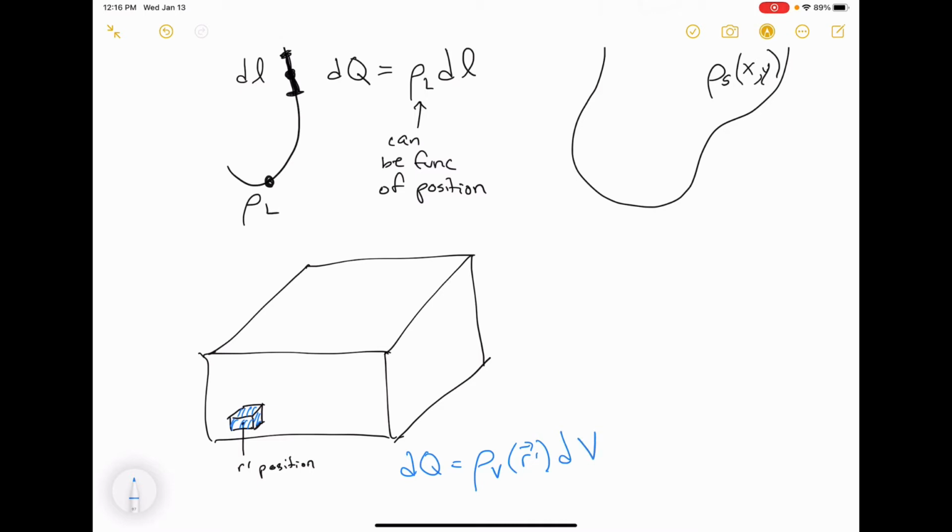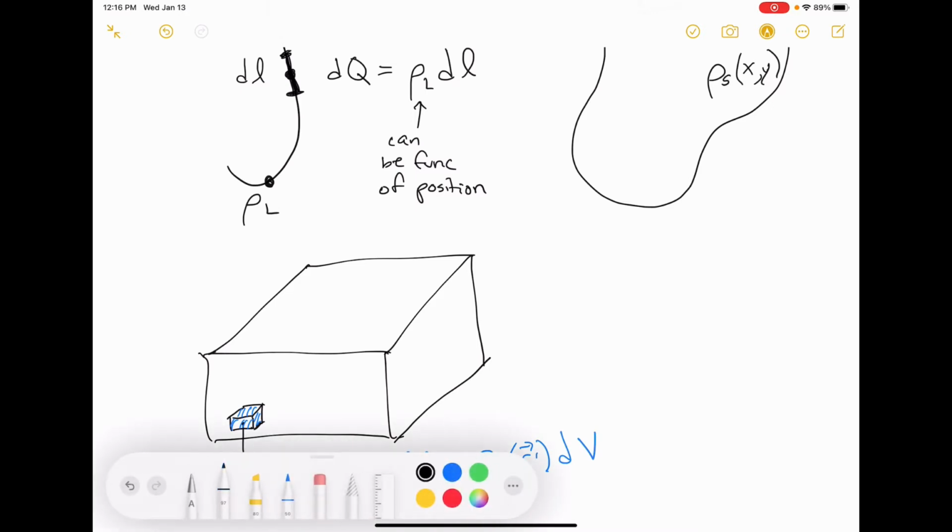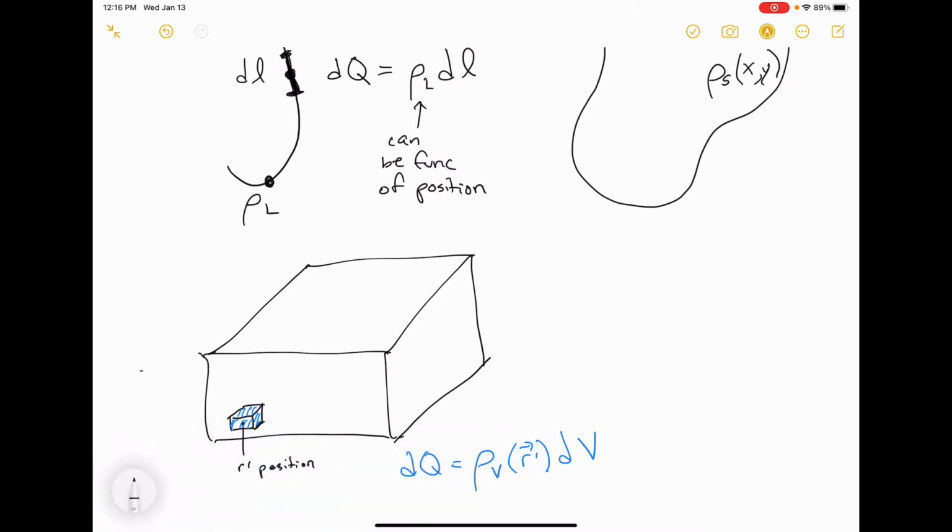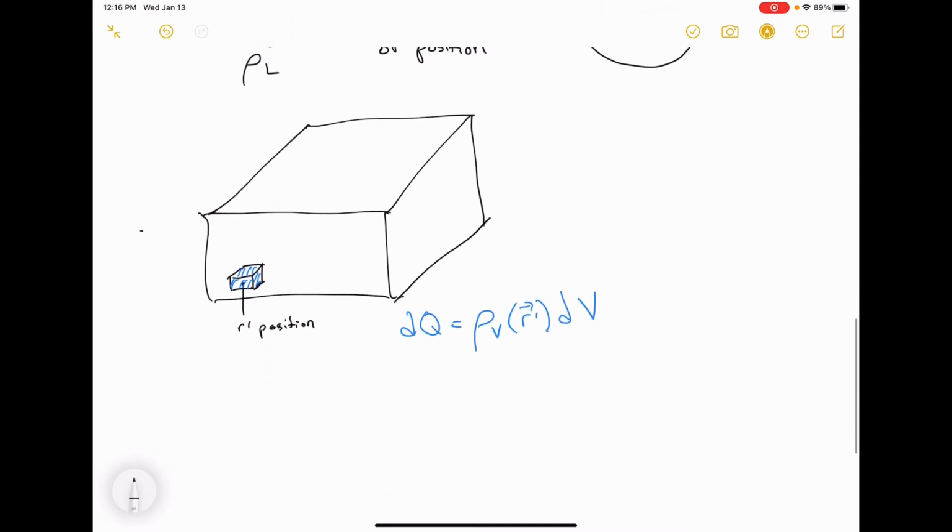And we can find the total charge in any volume by integrating over the line or surface or volume that the charge distribution exists on. It's really important to notice that the charge density can be non-uniform.